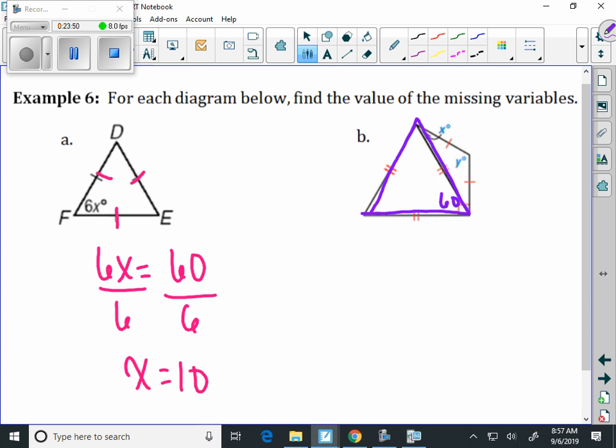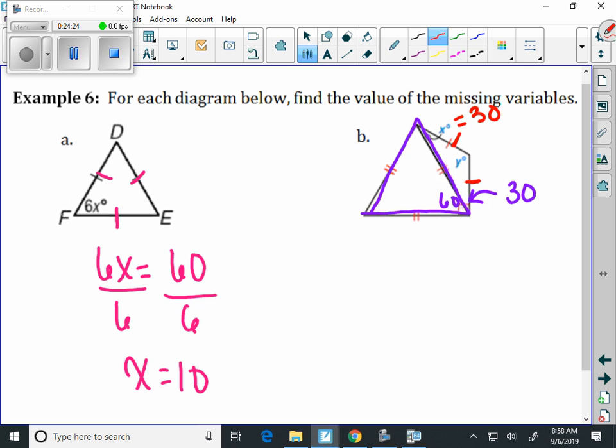And since this is 60, this little part here must be 30, because we've got the whole right angle there, and 60 plus 30 is 90. The thing is, once we know that, this over here is an isosceles triangle. So angle x must also be 30, because angles opposite congruent sides are congruent.